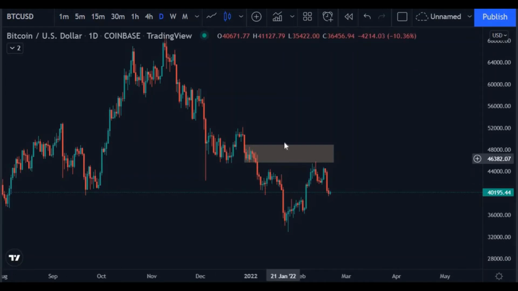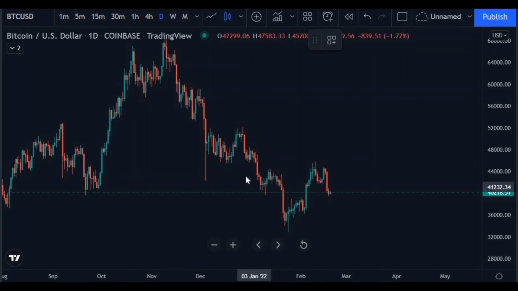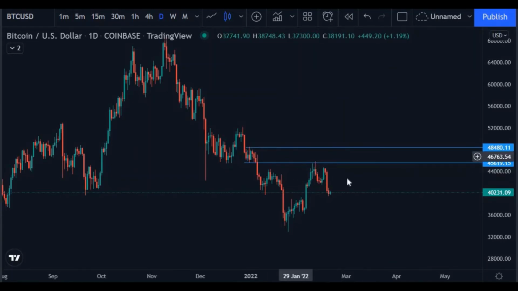Marking out your supply or demand zone, like I said, is done differently by different kinds of traders. Some supply and demand traders would prefer to mark their zones from wick to wick, from this candle down here to the wick up here. Then they'll wait for prices to rally back into this range and see the reaction.